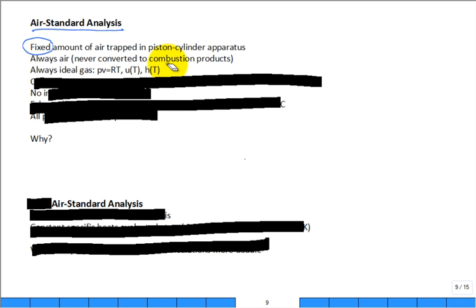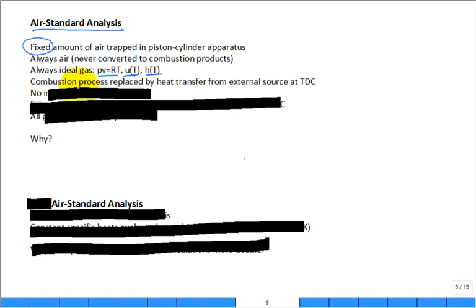When we say it's an ideal gas, that means three things: PV equals RT, internal energy is a function of temperature only, and enthalpy is a function of temperature only. The combustion process is too complicated at this point, so we conceptually replace it with a heat transfer at constant volume, coming in from an external source when the piston's at, I forgot, what is TDC?